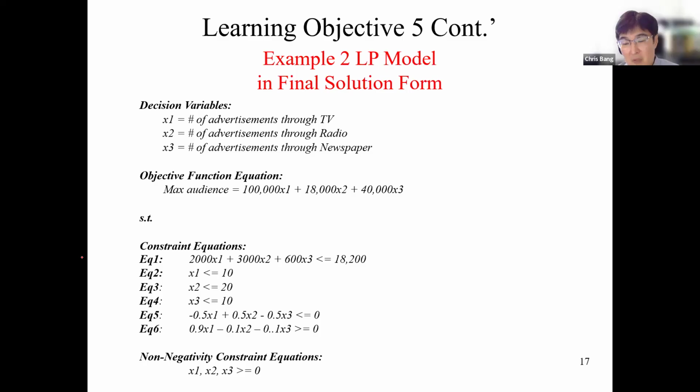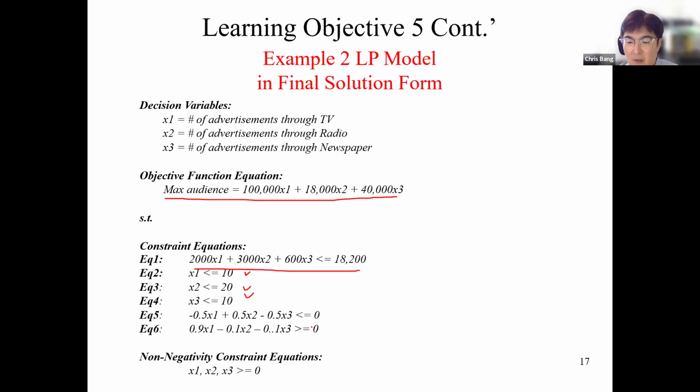This page summarizes the complete LP model for the media selection problem. It includes the objective function, the budget constraint, individual usage limits, radio balance requirements, and the TV requirements.